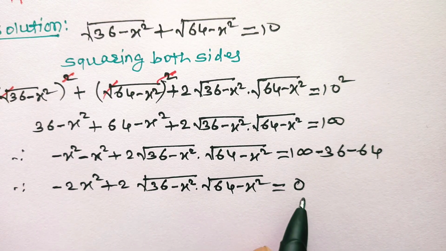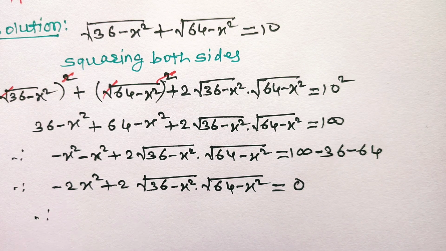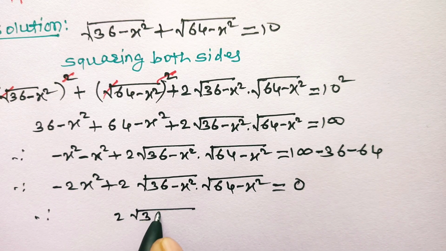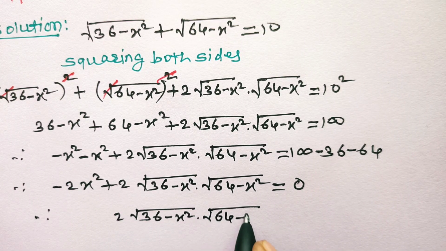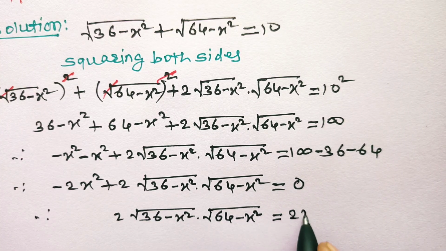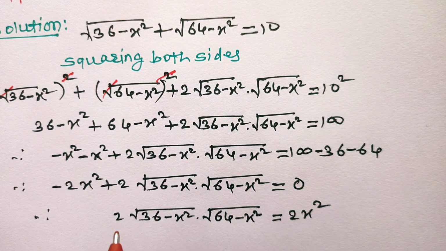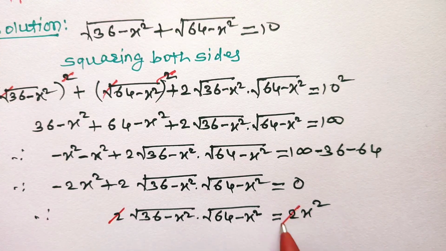Take this term on right hand side. Hence we can write 2 times square root of 36 minus x square into square root of 64 minus x square is equal to 2x square. Now cancel these 2 on both sides.